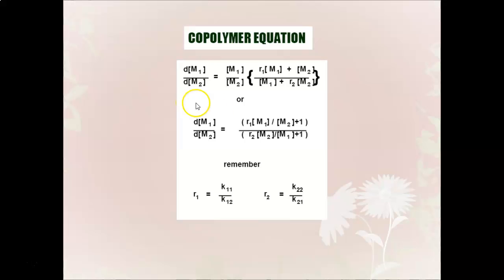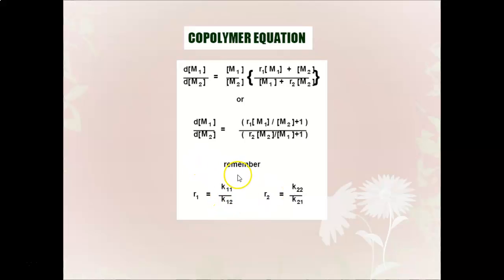So d[M1]/d[M2] here is the mole ratio of monomer 1 and monomer 2 in the copolymer, and [M1] and [M2] here are the mole ratio of M1 and M2 in the feedstock. And r is the monomer reactivity ratio.